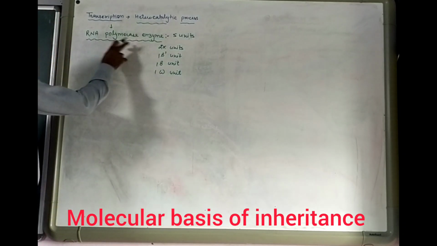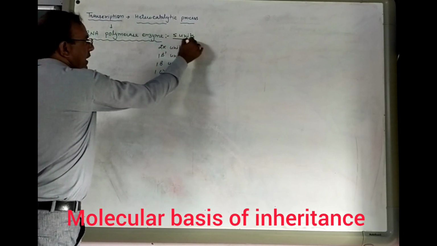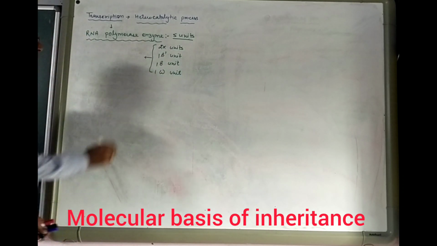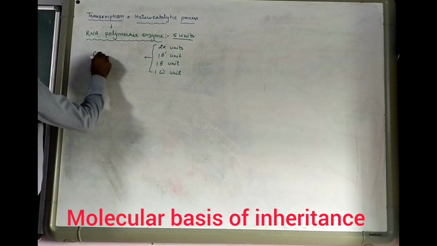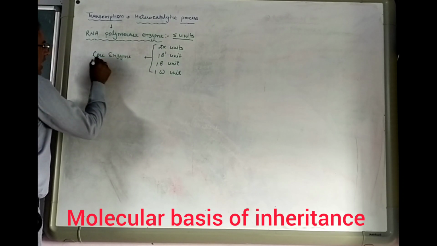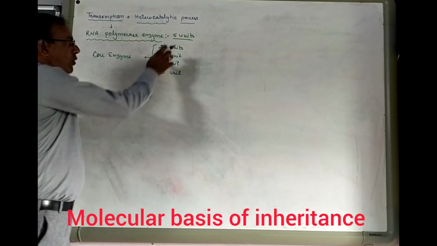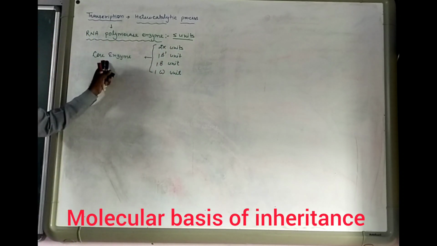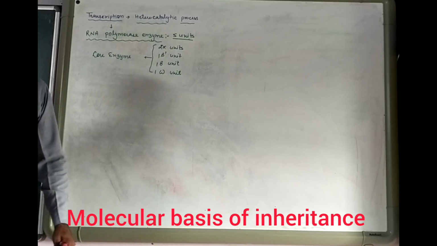If the RNA polymerase has only these 5 units, this type of RNA polymerase enzyme is called the core enzyme. What is the core enzyme? The RNA polymerase enzyme which contains only these 5 units. So that type of RNA polymerase is called the core enzyme.